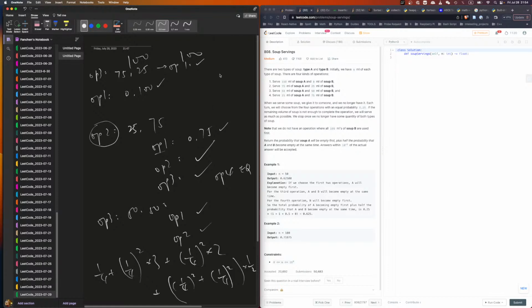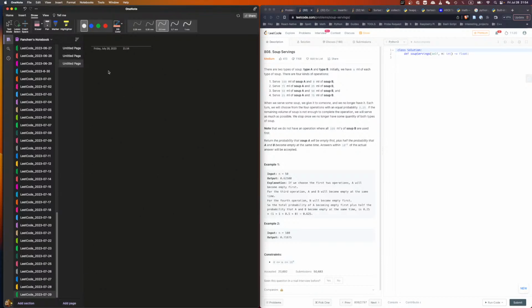Okay, how about this? At each one we take, the amount of A more than B, right? Operation 1, the amount of A more than B is 100. Operation 2, the amount of A more than B is 50. Operation 3 is 0. Operation 4 is minus 50.